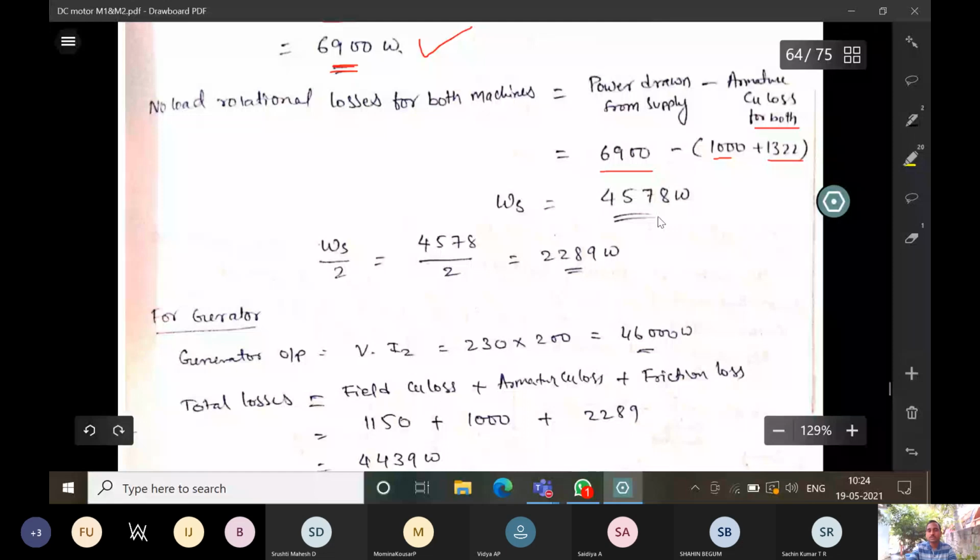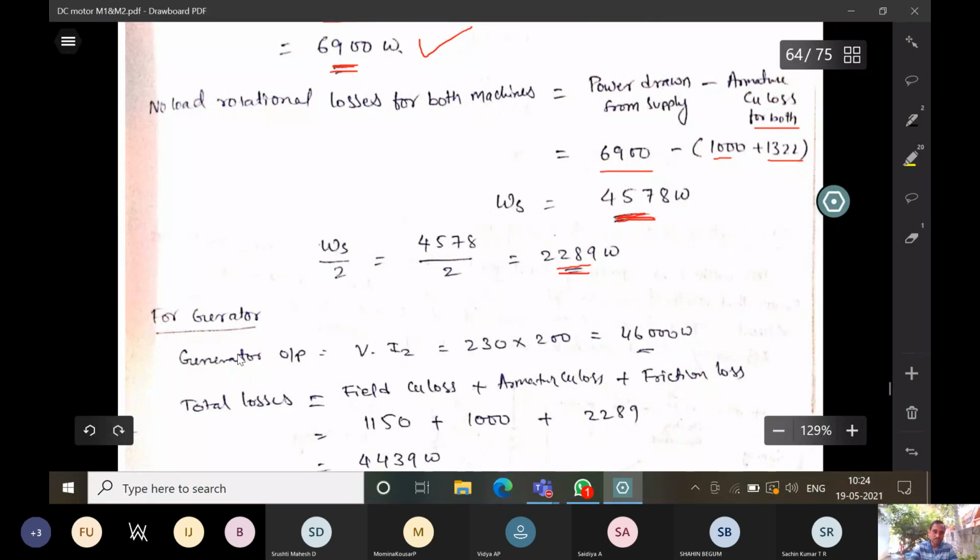So Ws is equal to 4578 watt for both the machines. Divide by 2: each machine has a constant stray loss Ws of 2289 watt.